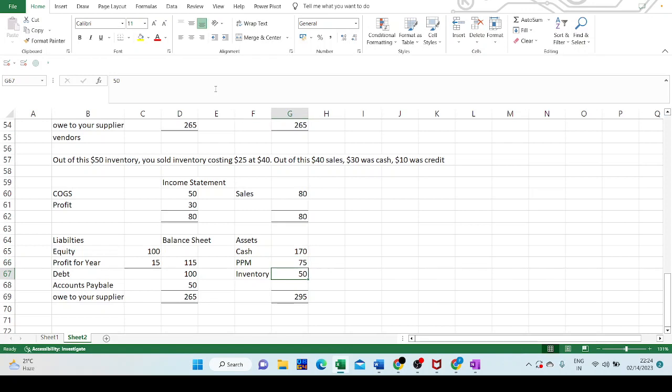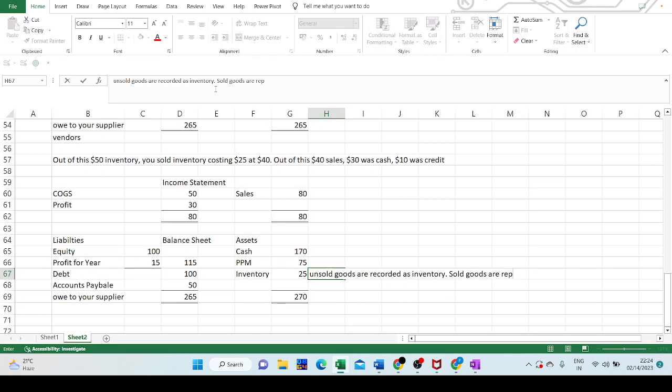My inventory: I sold half of the inventory, half remains unsold, right? So my unsold goods would be recorded as inventory. So $25 worth of goods are unsold. So I'll write this down. Unsold goods are recorded as inventory, and sold goods are reported as COGS, cost of goods sold, in the income statement.